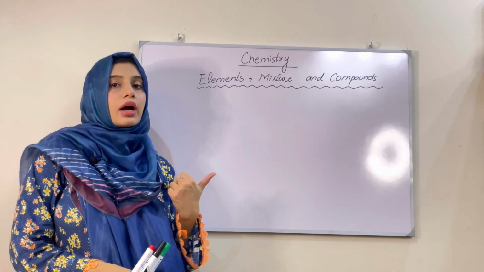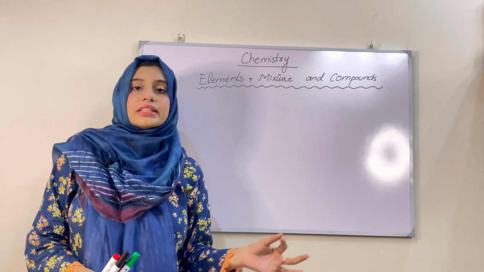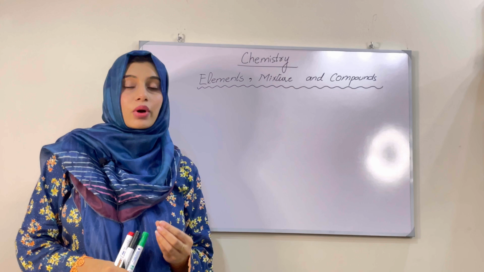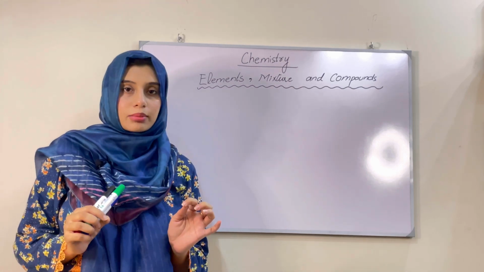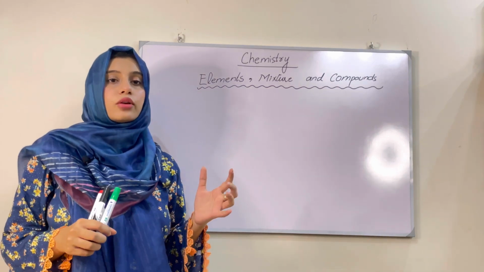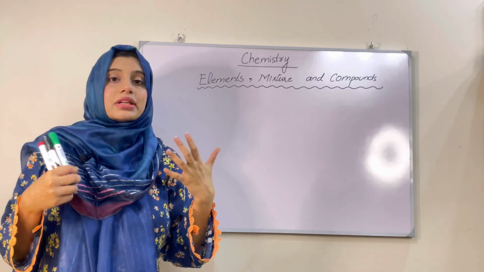In the previous video I uploaded a lecture on elements, mixture and compound. Basically the lecture was about elements, how they were discovered, what the classification of elements is, and how we arrange elements in the periodic table. Today we are going to follow that up and understand what elements are actually made up of.